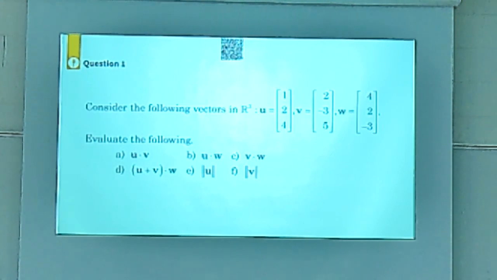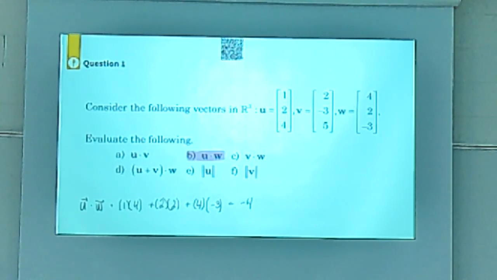Next up, let's look at U dot W. One times 4 plus 2 times 2 plus 4 times negative 3. 4 and 4 is 8. 8 and negative 12, negative 4.